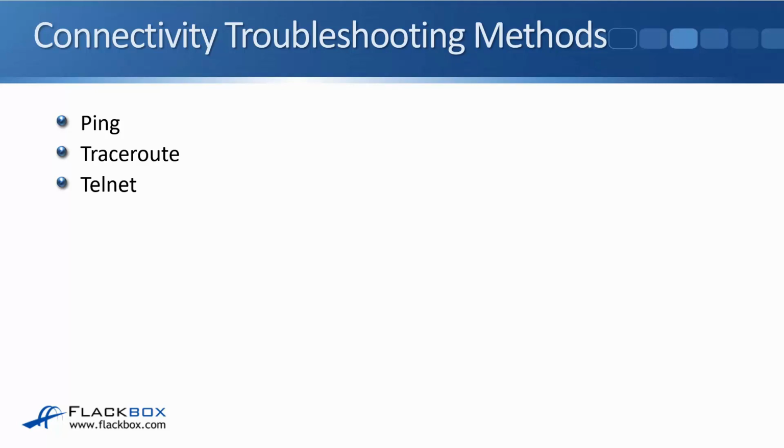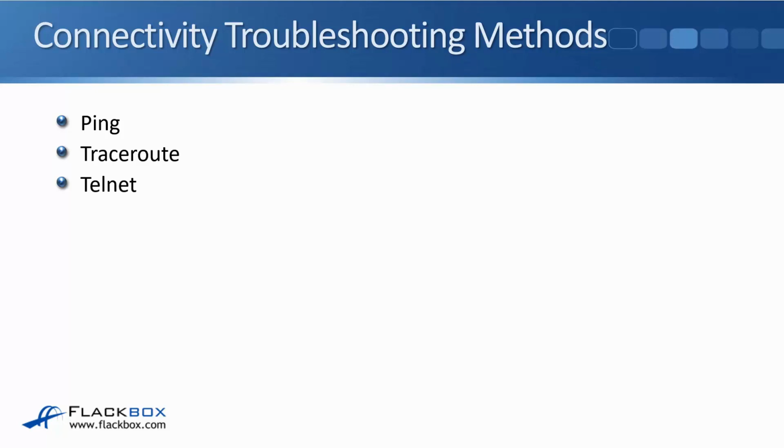So ping verifies two-way connectivity. If you've got connectivity from the source to the destination, but the return path from the destination back to the source isn't working, then the ping will not work either. So this verifies two-way connectivity between a source and a destination.